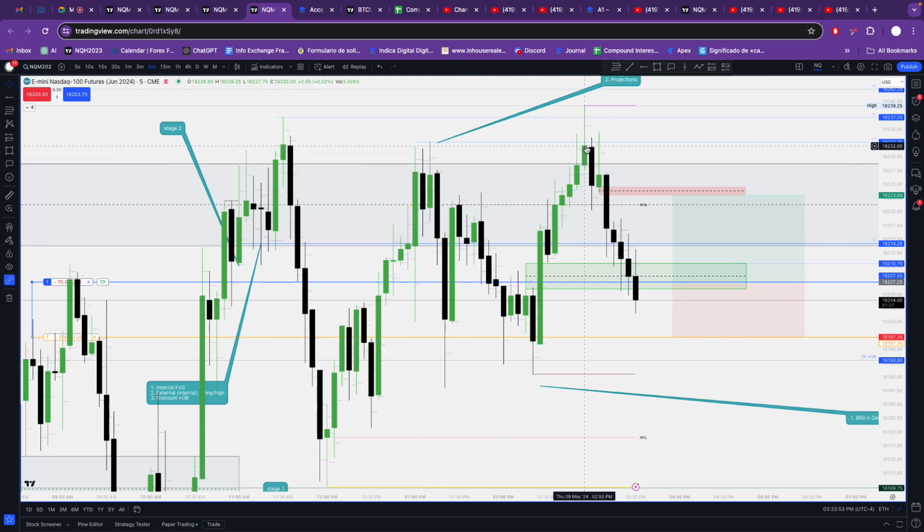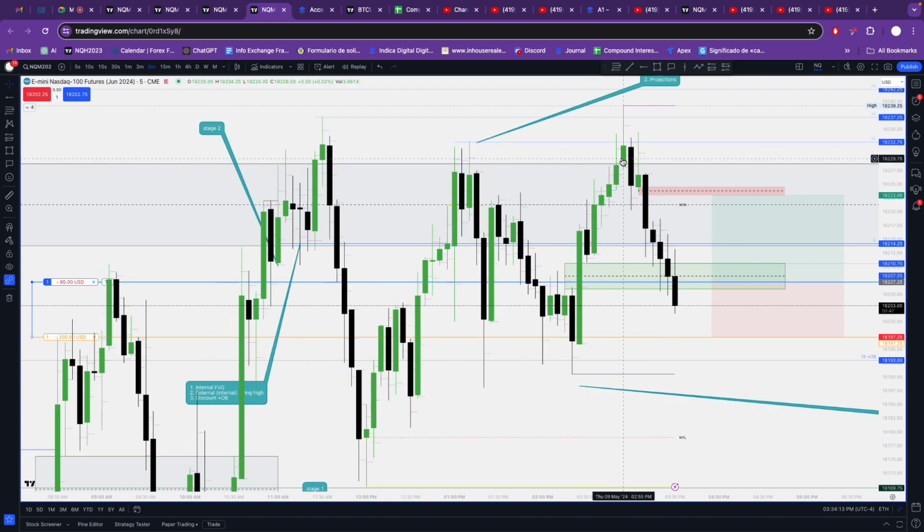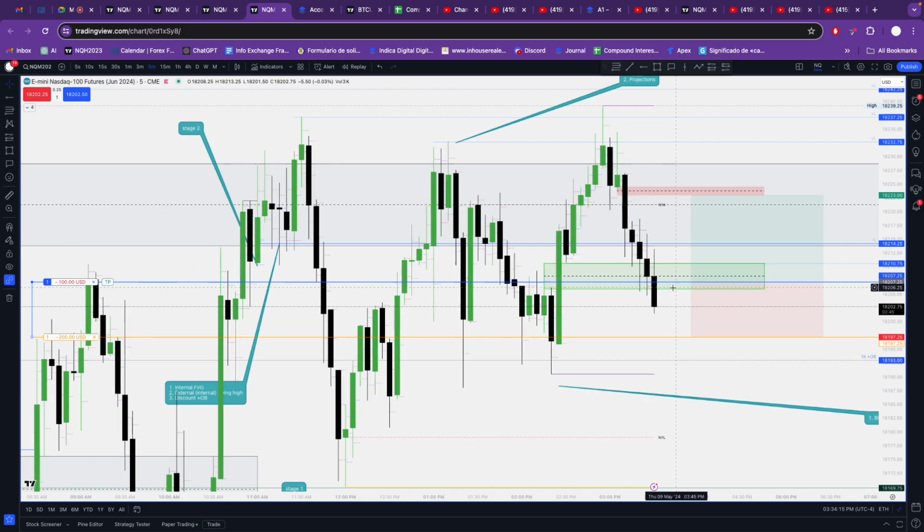So you're saying that the body has to close below this candle's body? So can you rely on this then, a 5 minute change in state of delivery?